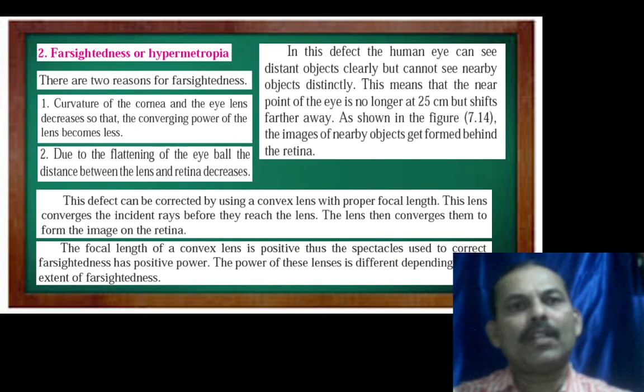So for correcting this defect, we have to use a converging lens, that is a convex lens. The focal length of a convex lens is positive, thus the spectacles used to correct farsightedness have positive power. The power of these lenses is different depending on the extent of farsightedness.